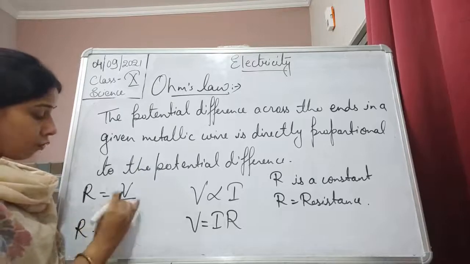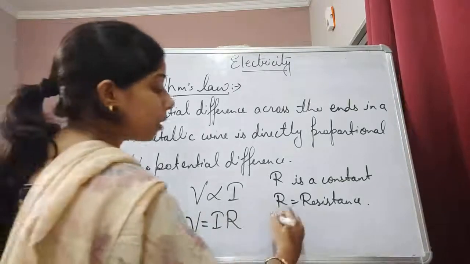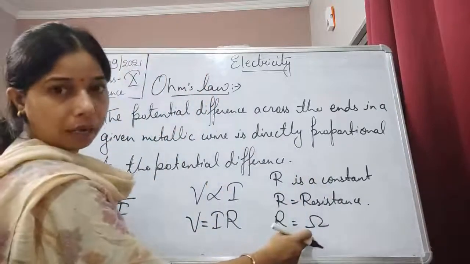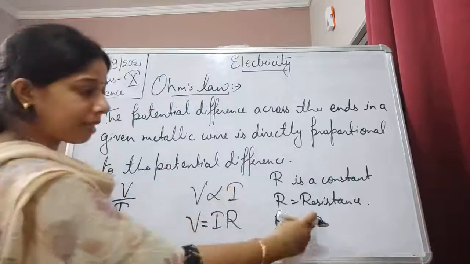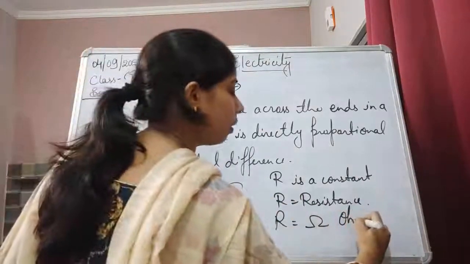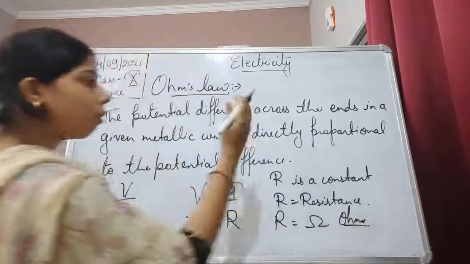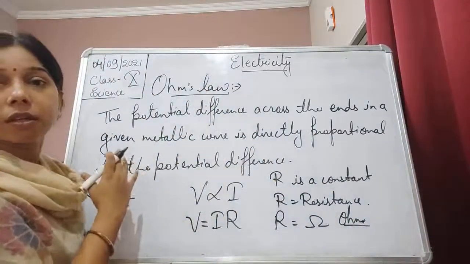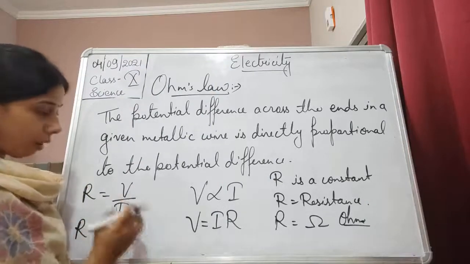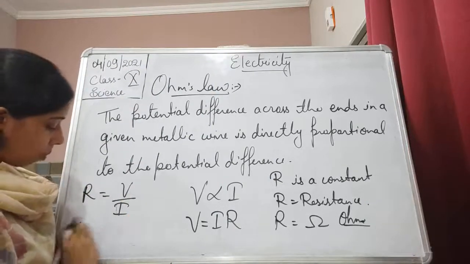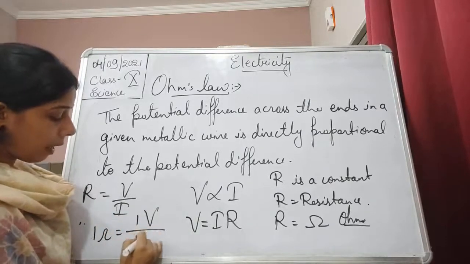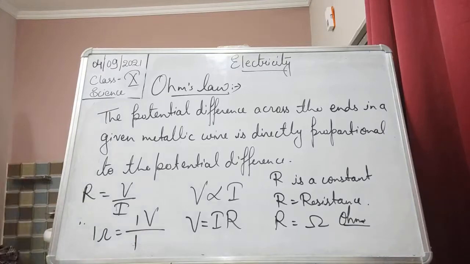Now, resistance is represented by an SI unit which is called ohm. This is the sign omega, but we call it ohm. It is given by Ohm, that's why it is called Ohm's law, and the resistance is represented by ohm. So 1 ohm will be equal to 1 volt upon 1 ampere.